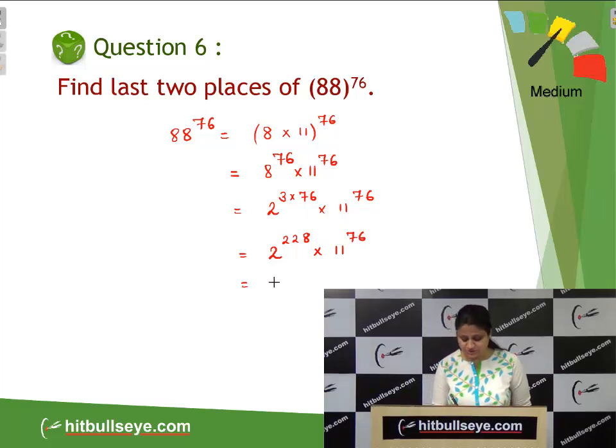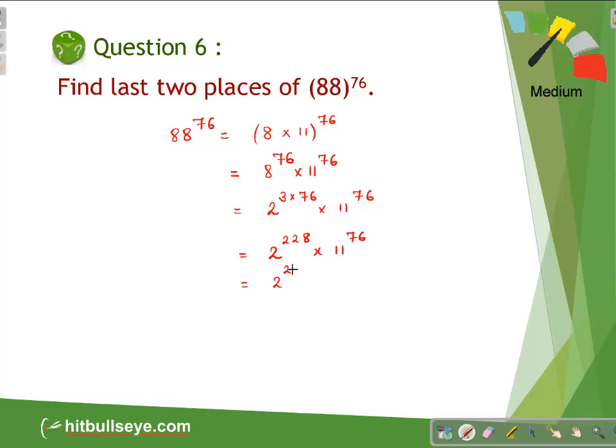Now this 2 raised to power 228 can be written as 2 raised to power 220 into 2 raised to power 8 into 11 raised to power 76. Now it is time to apply the shortcut here. First of all, I am taking this power 220.